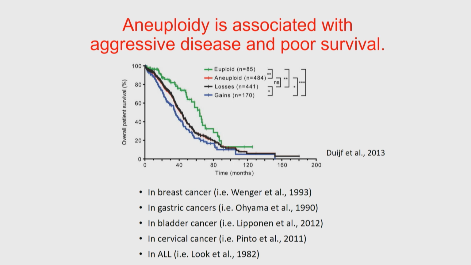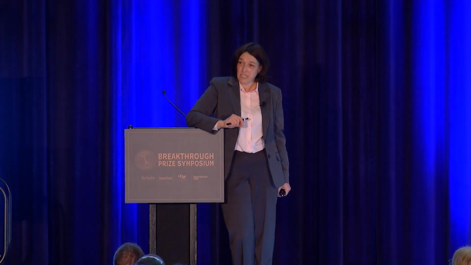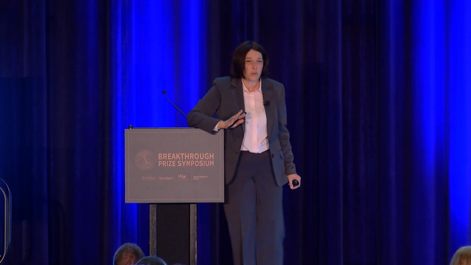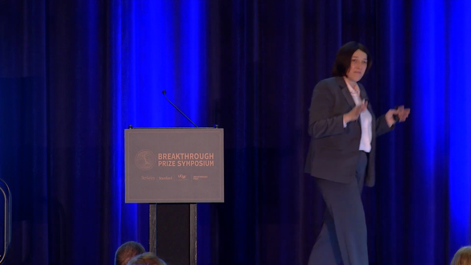So my lab, a number of years ago, became interested in understanding how gaining and losing whole chromosomes contributes to tumorigenesis. But studying this question in cancer is actually quite difficult, because cancers really have messed up DNA. They don't just have whole chromosome gains and losses, they have mutations, deletions, amplifications.